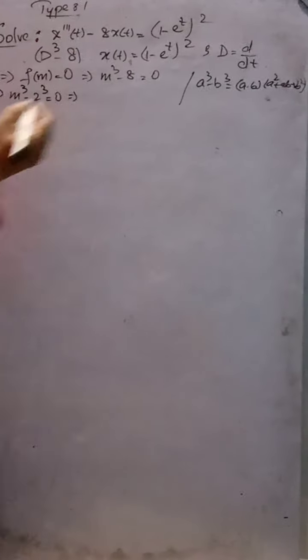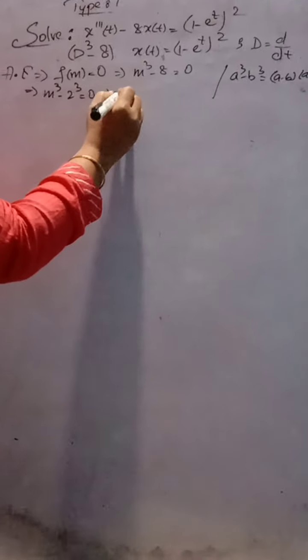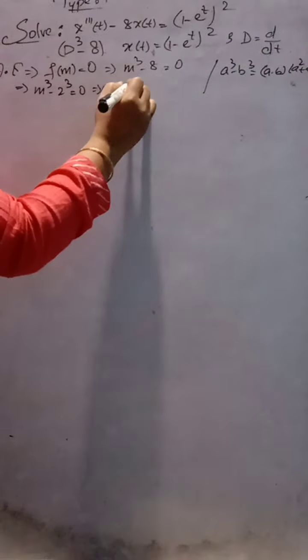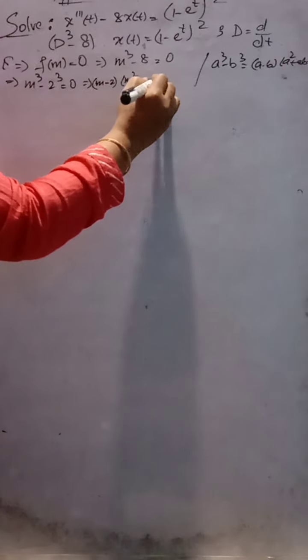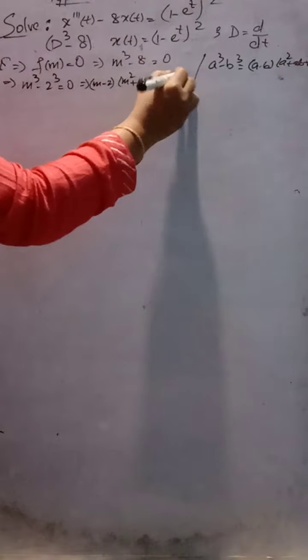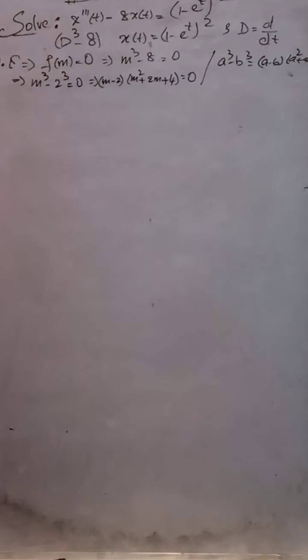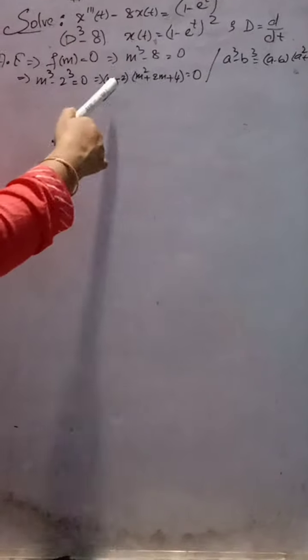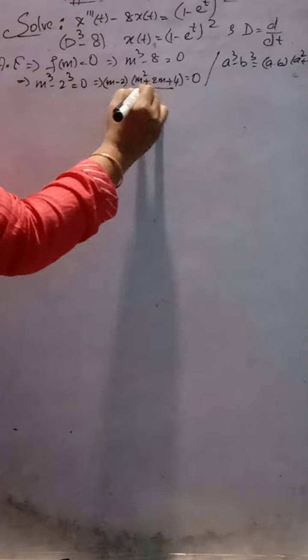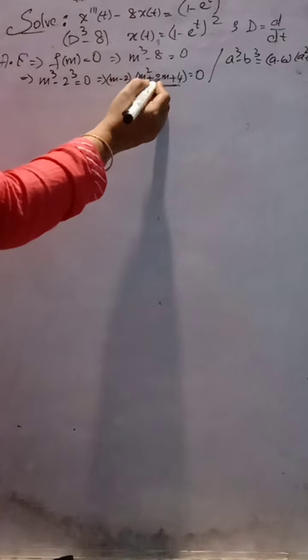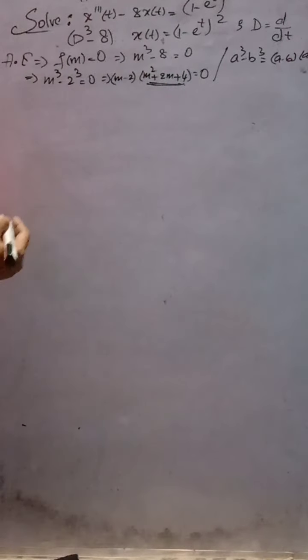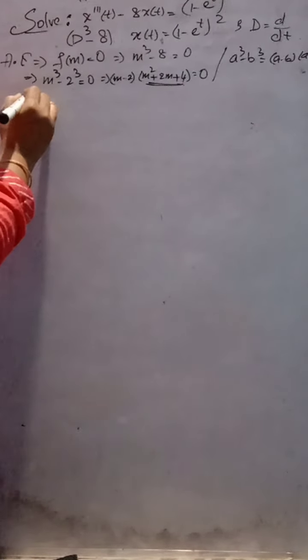So, let us use this formula here. So, we get (m minus 2) into (m square plus 2m plus 4) is equal to 0. Understood? So, I have used the formula here to split it. Now, to find the roots further, we can't split the middle term here because we won't get the factors. So for this we need to apply the quadratic formula.